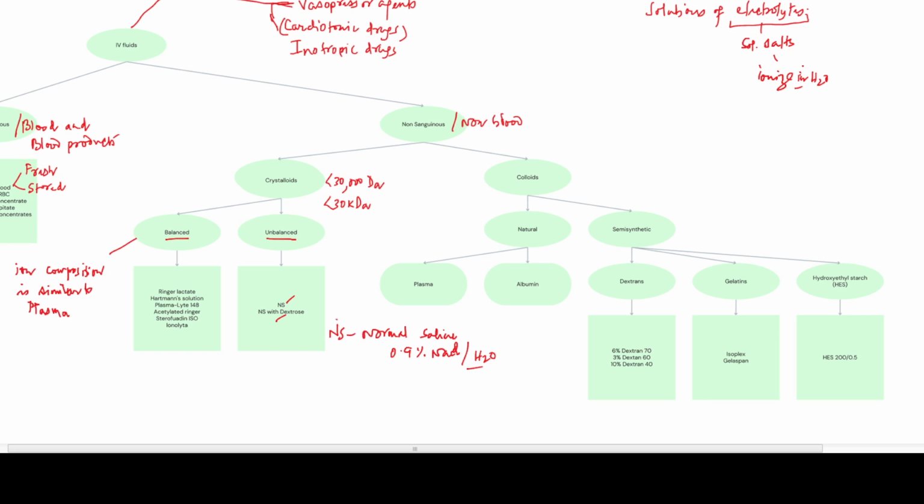Okay, so that is normal saline. Normal saline with dextrose, again it is unbalanced. So why do we call it unbalanced? Because normal saline contains greater concentration of chloride compared to plasma, and therefore it can cause alkalosis, as well as hyperchloremia.